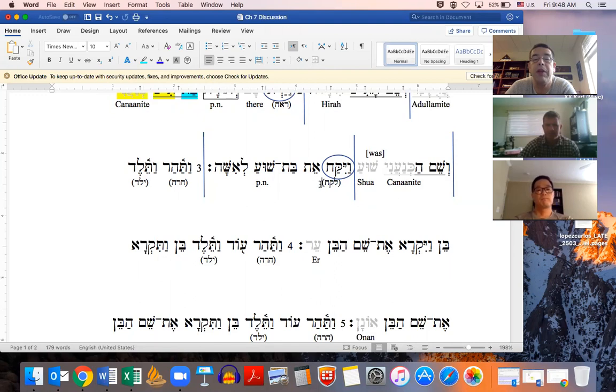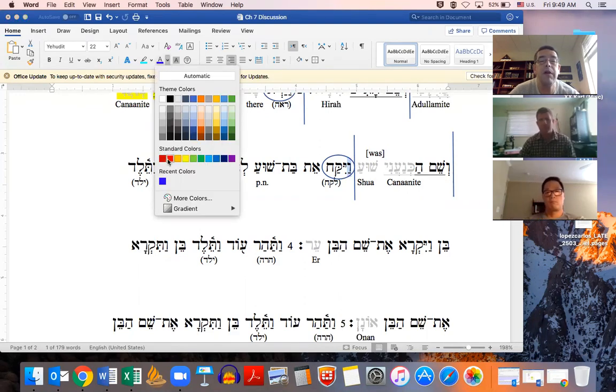Now, remember that in the grammar, because we're helping you become intuitive with weak verbs until we actually get to them, we are going to identify and gloss the verb for you down below. And then we're asking you to constantly look for the building block components. So when you look at a verb, the vav, the patach, let me do this here.